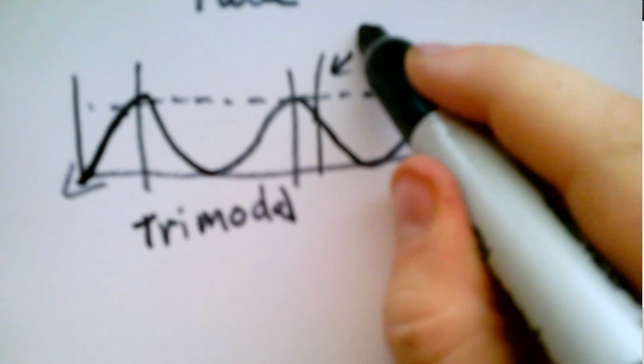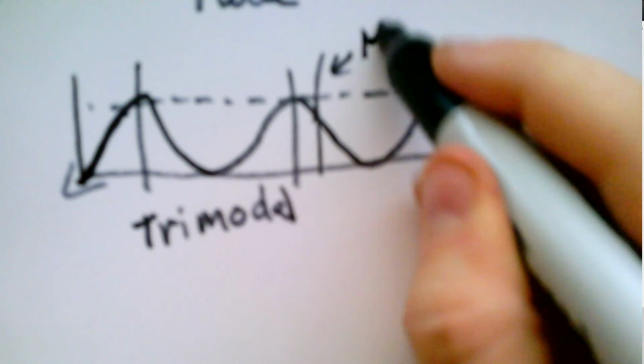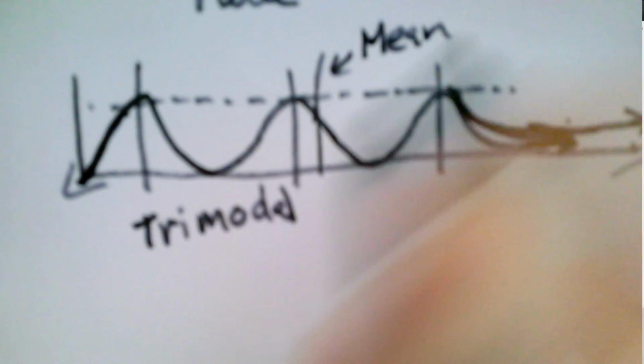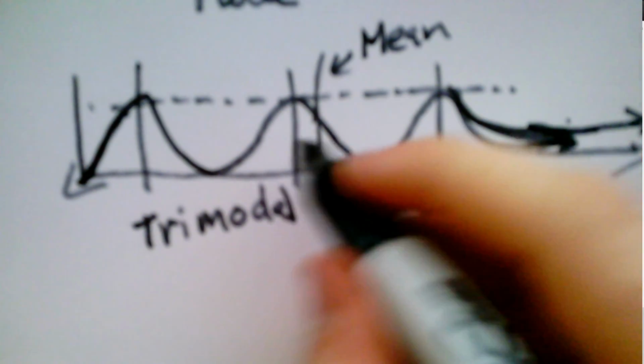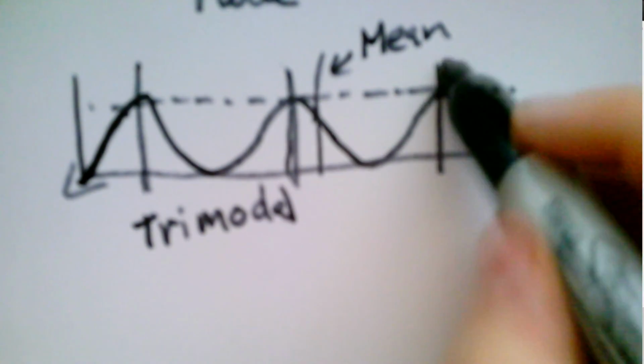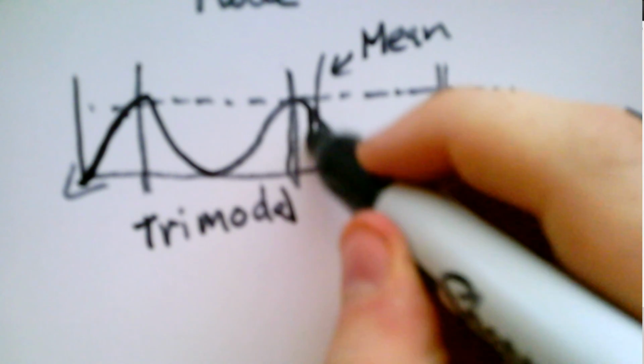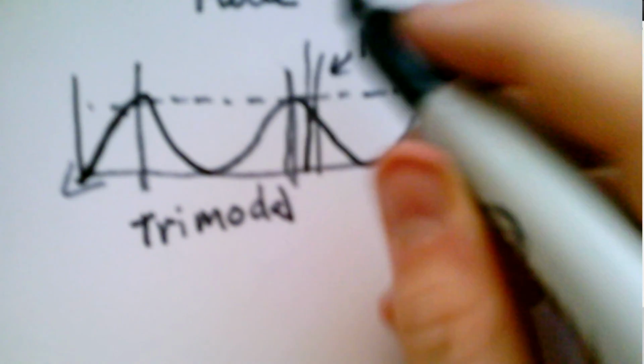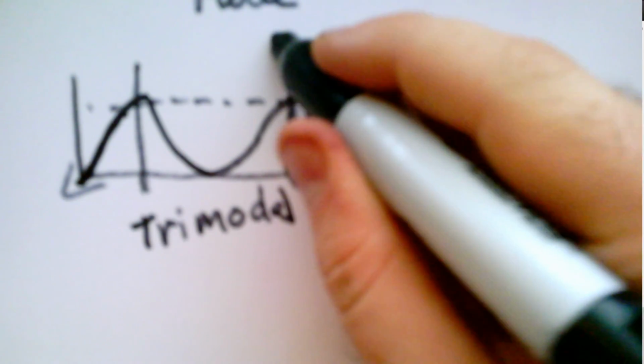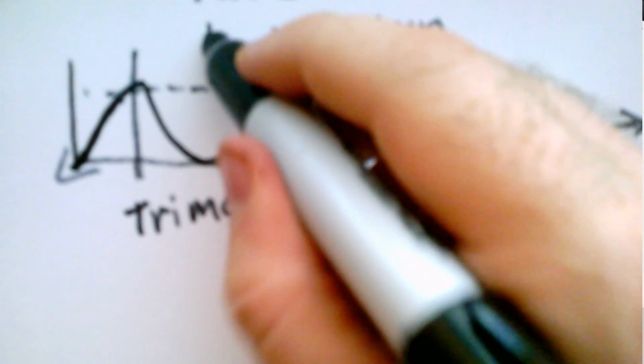So this will be our median, or sorry, our mean. We pulled up because of the weight up here. And our mode, well, we have 3 modes, and our median is going to be the halfway point, which is going to be somewhere like this. This is our median, our middle value.